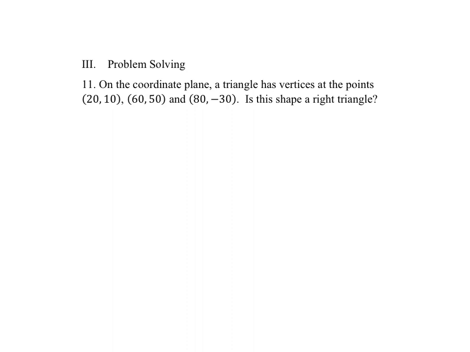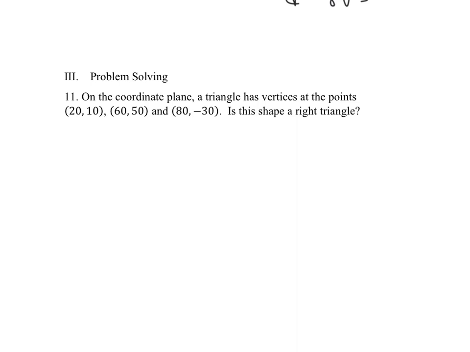So here, if you're looking at a coordinate plane, over 20 up 10 is about here. Over 60, and then up 50, we're just going to call it here-ish. And then 80, negative 30 is going to give you down here or so. So here's your right triangle, if you're looking at it.